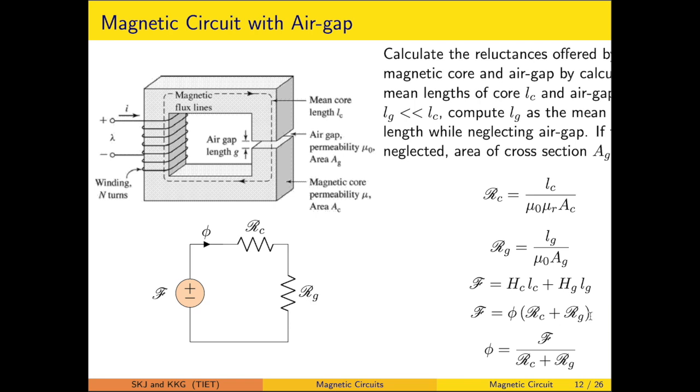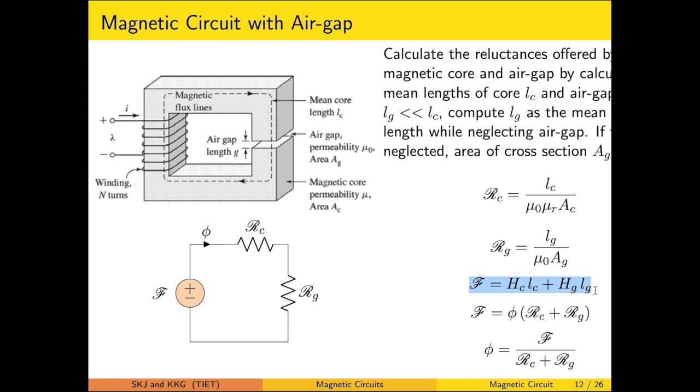If you are making a comparison, simply write the supply or source MMF is equal to F1 plus F2, where F1, F2 are basically H into L, H into L. So that is the MMF which we can express with the help of Ampere's law. So when you are combining it and seeing it as F is equal to F1 plus F2, this is basically the KVL for the magnetic circuit.